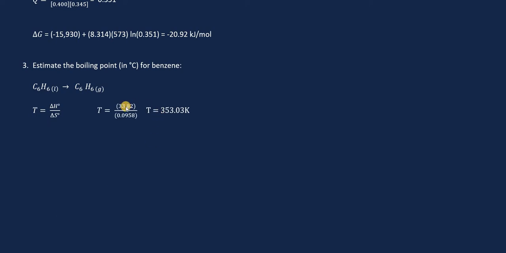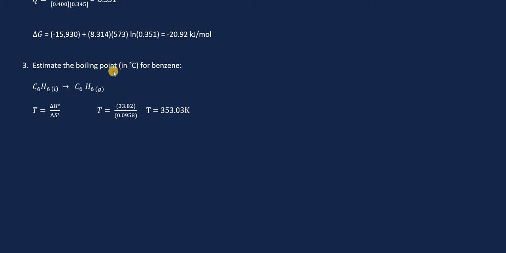So I went ahead and did the math for you here, but you would look these values up in the table, and you would calculate the enthalpy of reaction and the entropy of reaction. And I would go ahead and divide the entropy by 1,000 in order to make the units match, make it a little easier. And you end up solving for T in Kelvin, and our temperature in Kelvin here is 353.03.